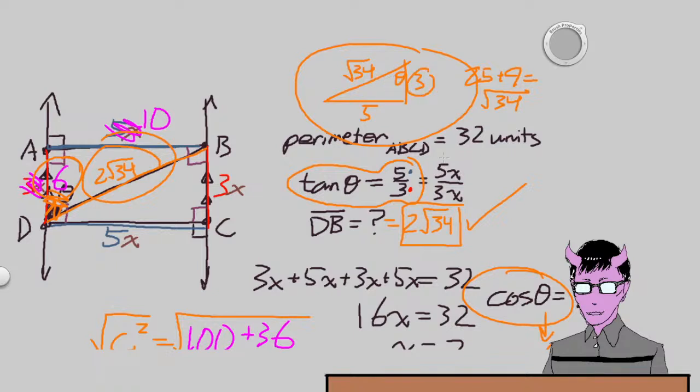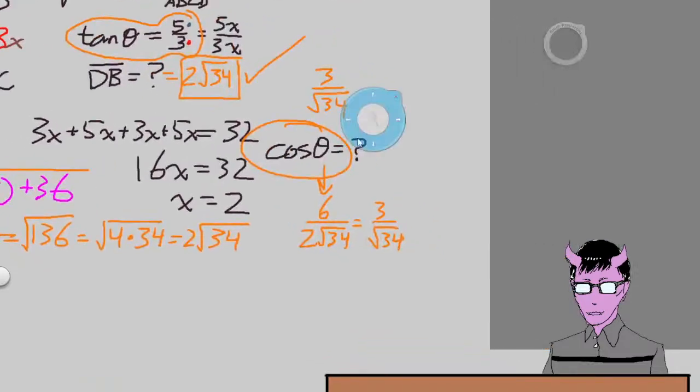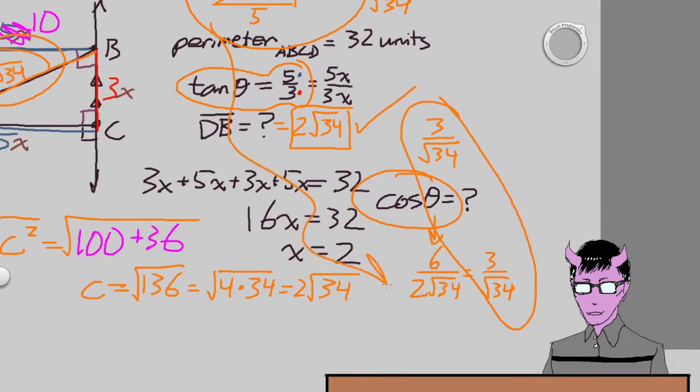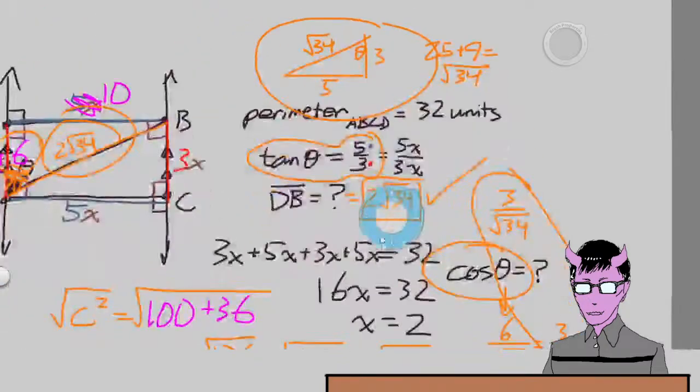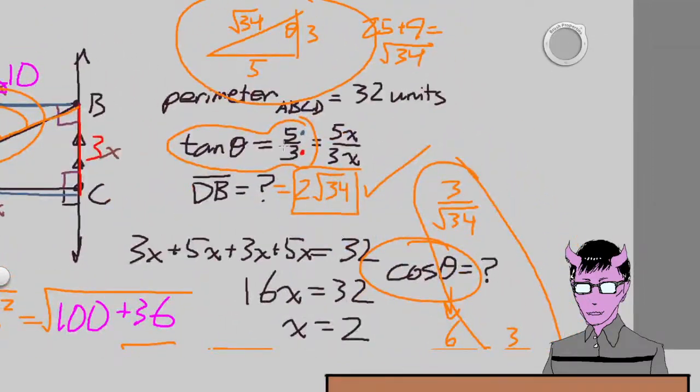It's going to be adjacent 3 over hypotenuse root 34. And as you notice, that's the exact same thing as what we got before, without having to do all this extra work. So what I'm trying to say is basically when you're going from trig function to trig function, you don't need the actual lengths, because trig functions will give you reduced values.